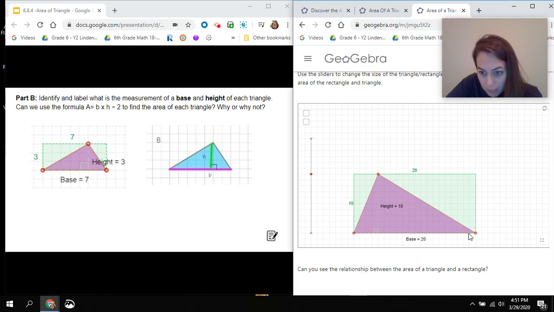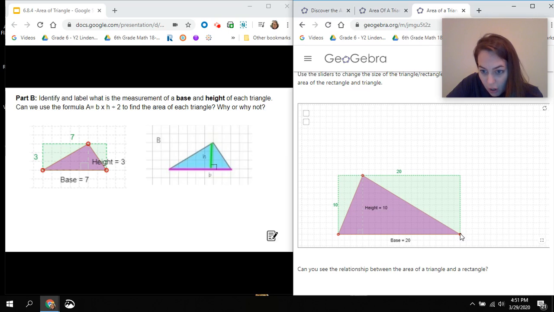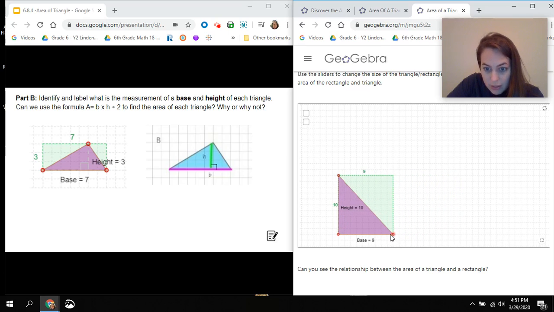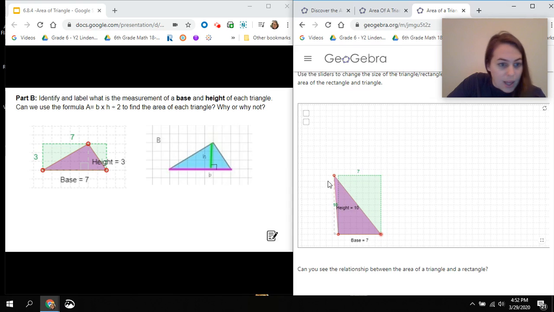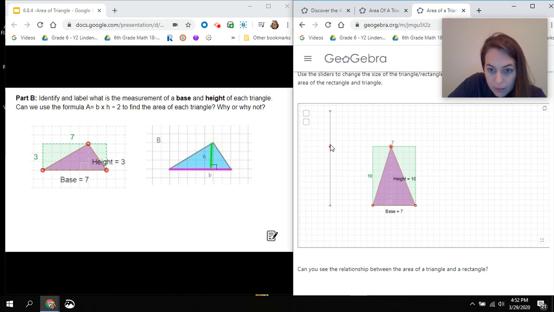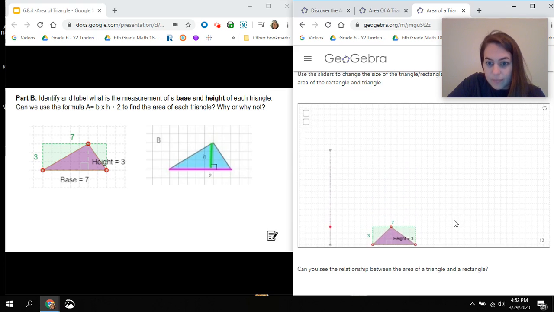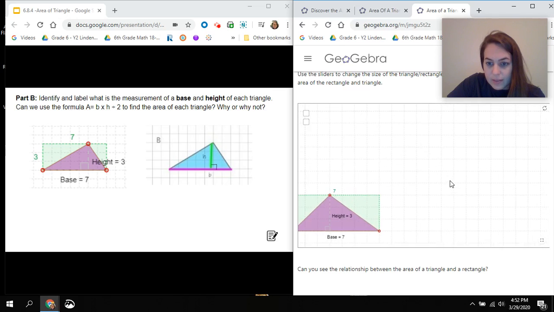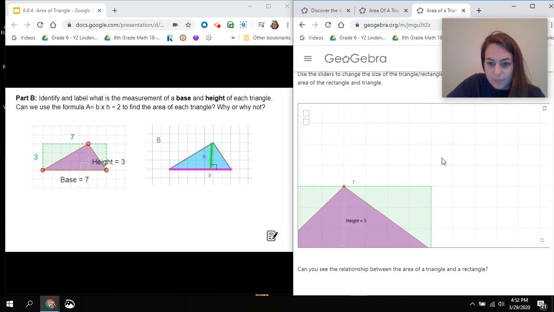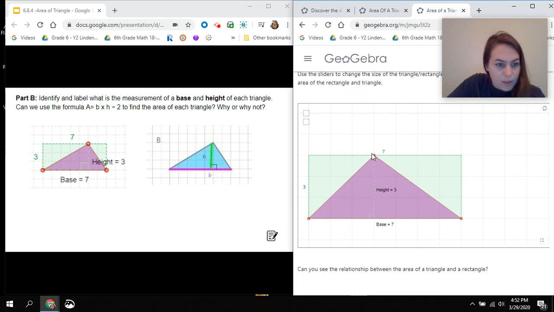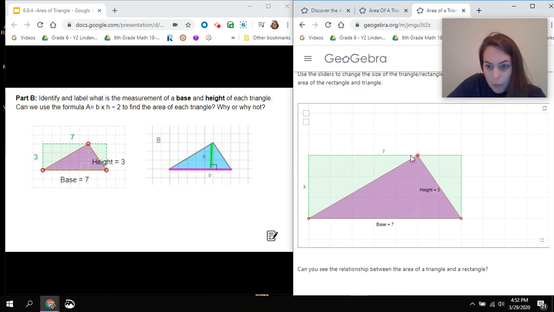We know this one has a base of 7 in all, and it has a height of 3. And then this needs to come over a little bit. So as we look at this, we have 2 right triangles.